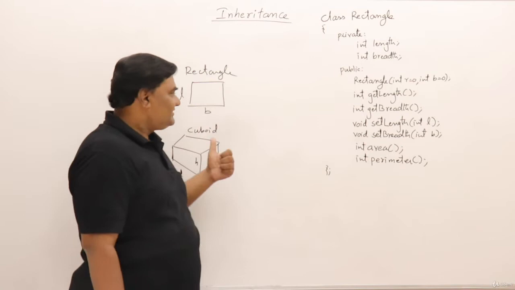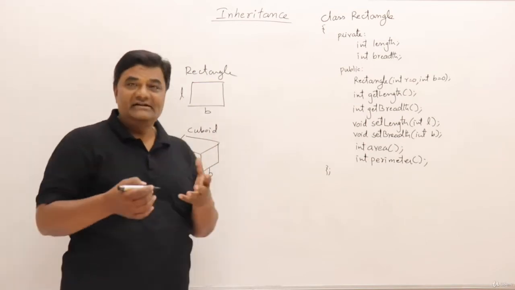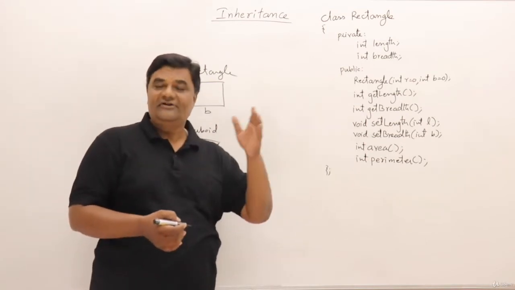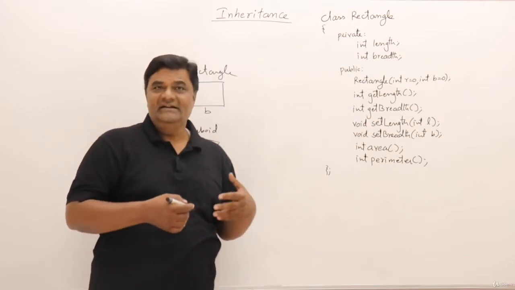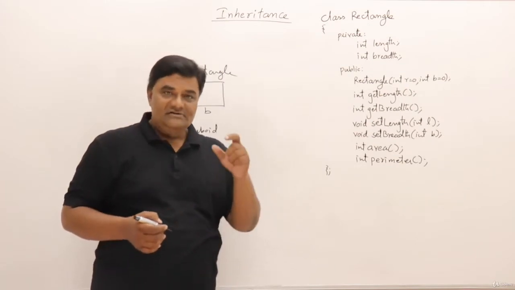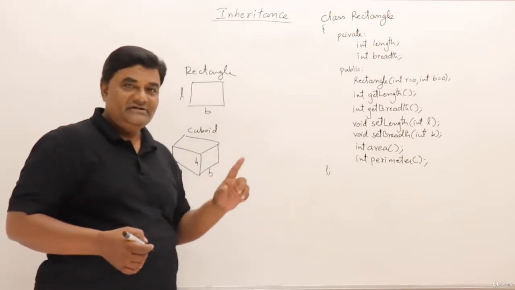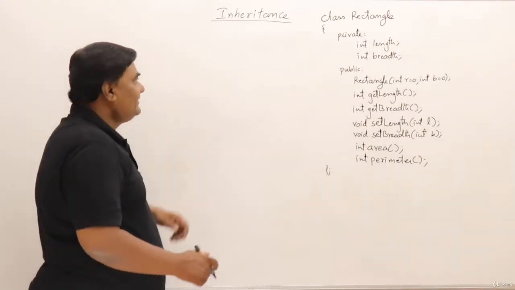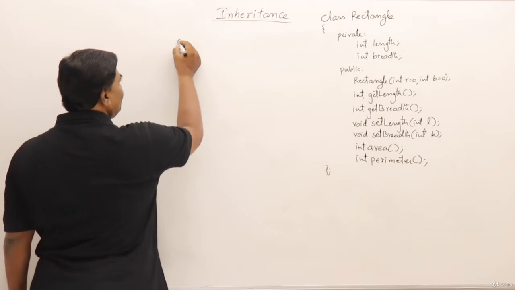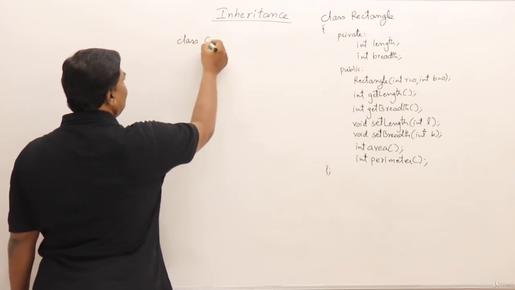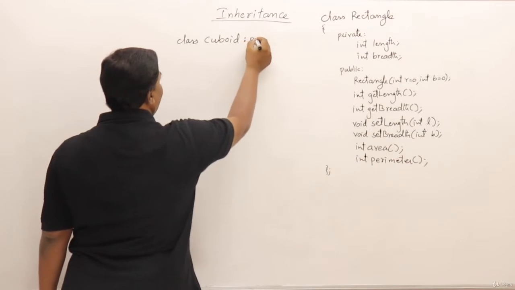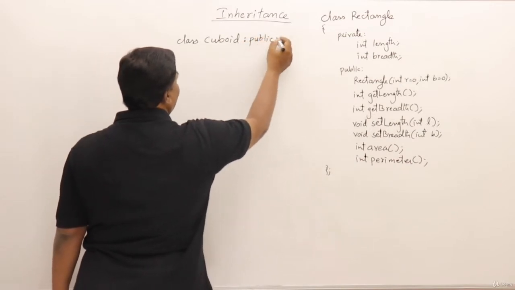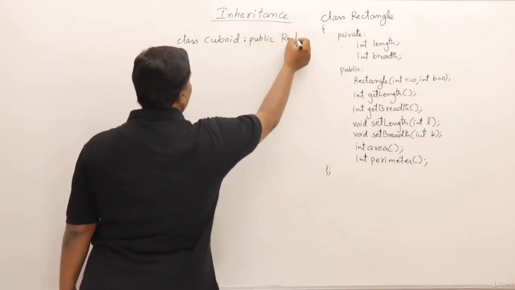Now I want a class for cuboid. So let us write a class cuboid inheriting from rectangle so that it will already get length and breadth, plus it can have its own height. So let us see how to write down this class cuboid. So here I write class cuboid, inherit publicly from rectangle.